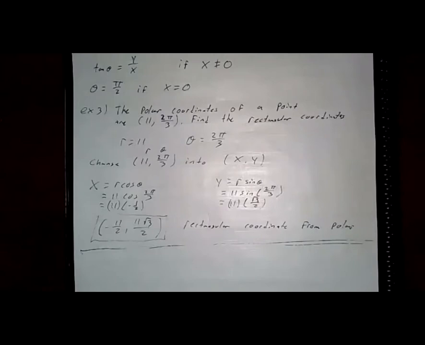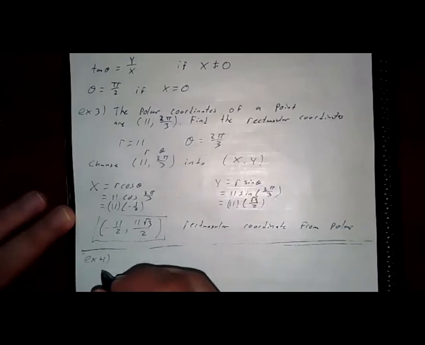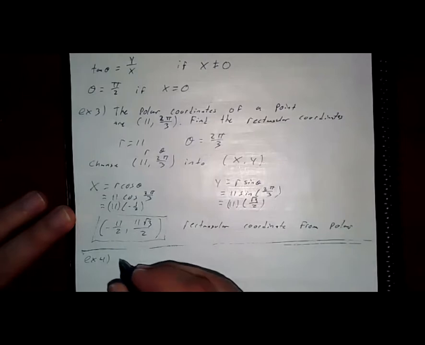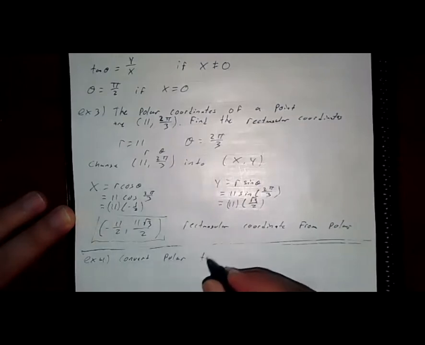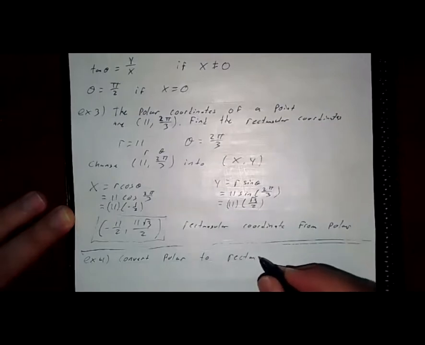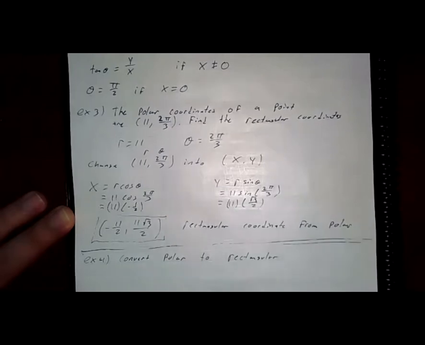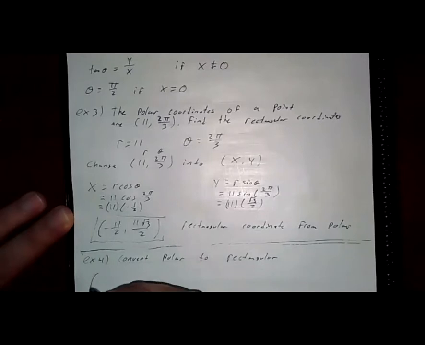Let's do another one. Example 4. Put it in plain English this time: convert polar to rectangular. So we do the same thing. So here is the polar.